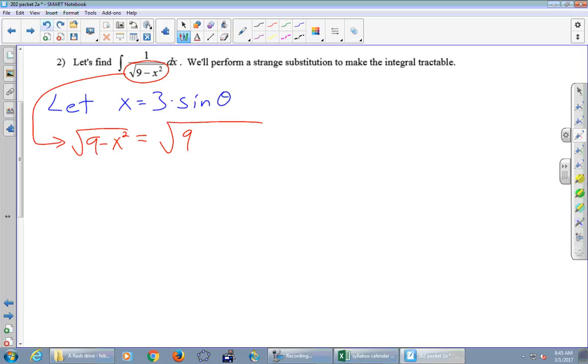Okay, 9 minus, what did we say x was equal to? So 3 sine of theta gets squared. Everybody see that? Okay, and then we're going to continue to clean this thing up here. 9 minus. So remember, we're squaring the 3 and also we're squaring the sine of theta. So this becomes 9 sine squared theta. Fair?